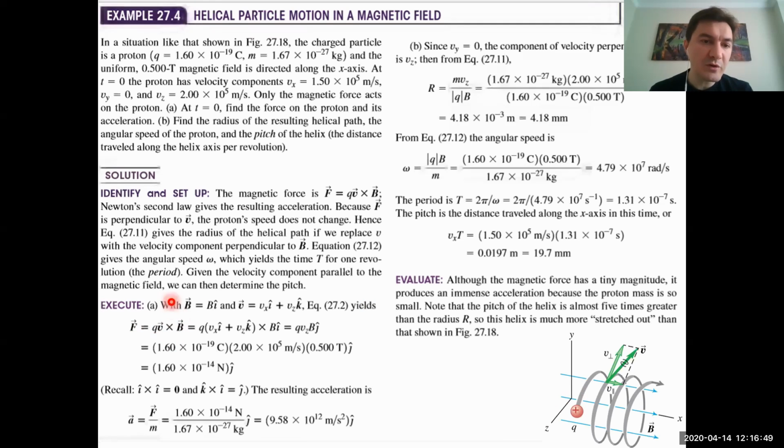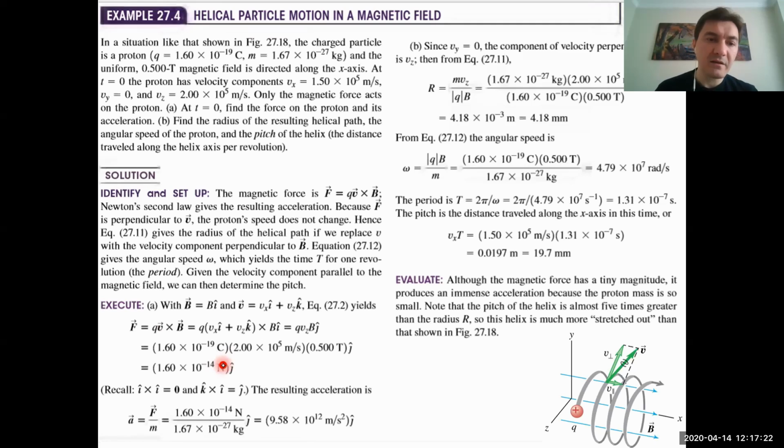Put them in that equation. The x component and the x component will give 0. There will be no magnetic force along that direction due to this vector product. And the force will be given by that expression. Take this q, put it there. Take vz, put it there. Take B, 0.5 Tesla, put it there. Then we can calculate force in Newtons.